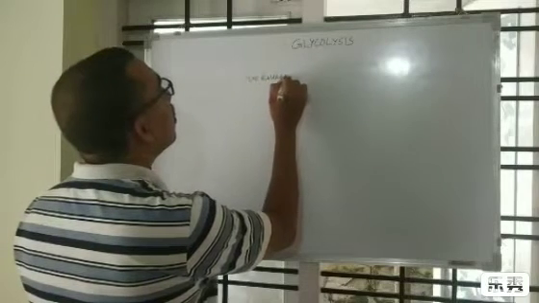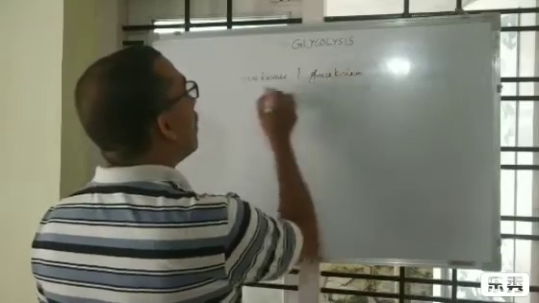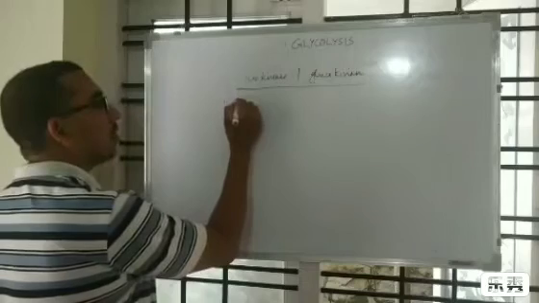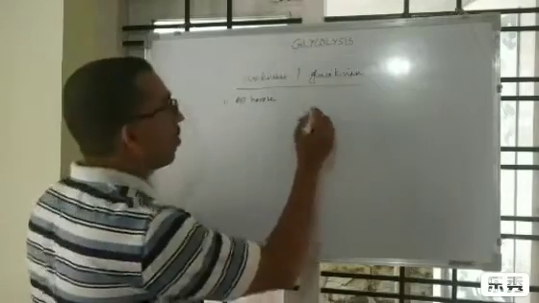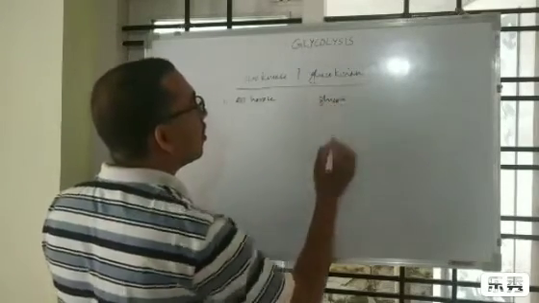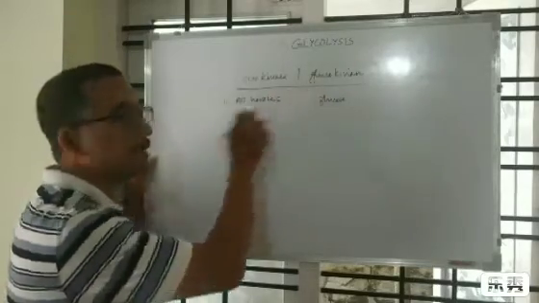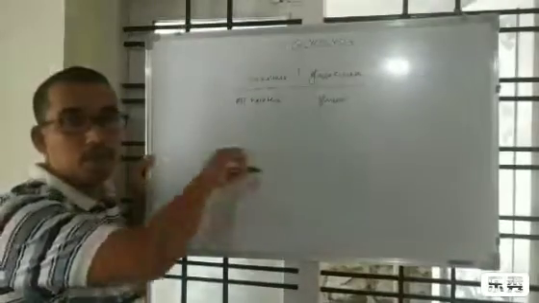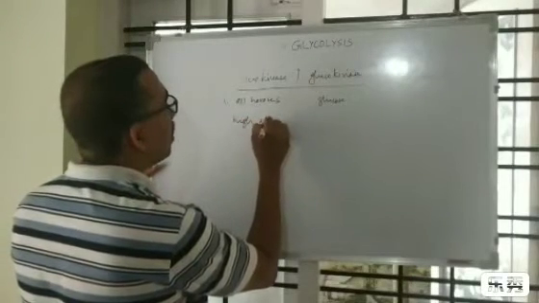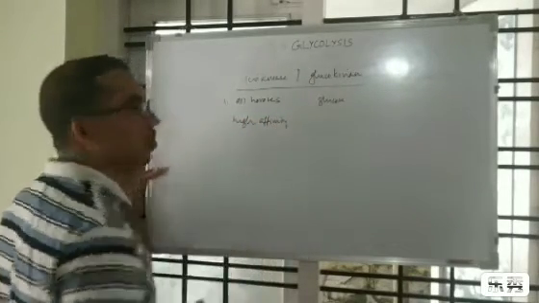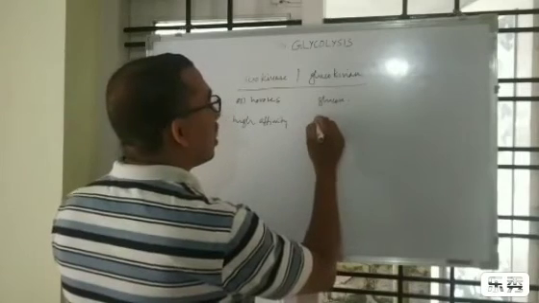The main difference is that hexokinase acts on all hexoses, but glucokinase acts only on glucose. Then hexokinase has high affinity for glucose, but glucokinase has low affinity.